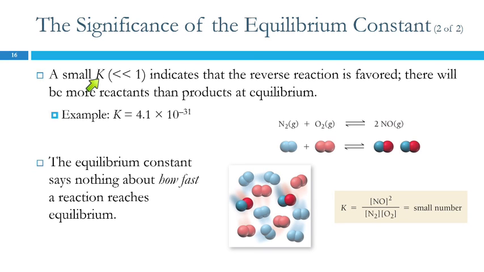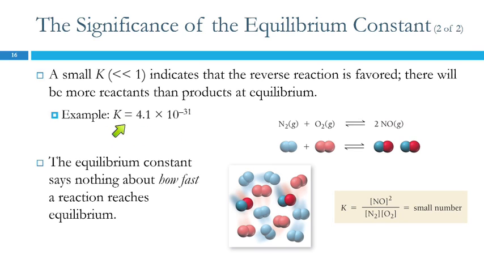A small K, much less than 1, as an example, 4.1 times 10 to the negative 31, right? Super, super small. Well, that means that the reactant concentrations are big and the product concentration is small. So a small equilibrium constant favors the reactants.